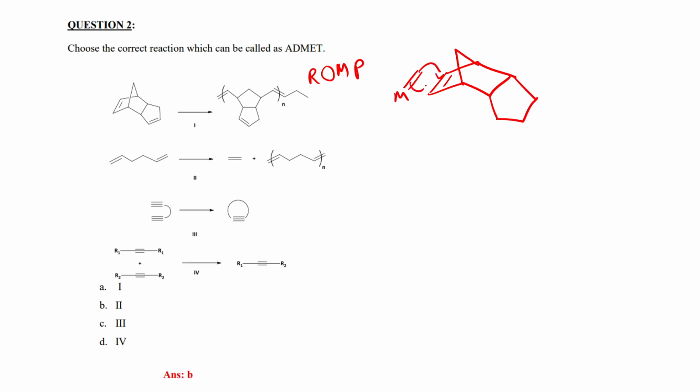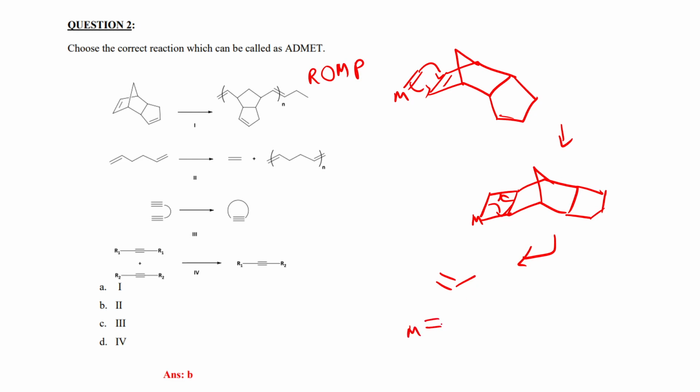At first, this would happen, so we would form this kind of intermediate. Now ring opening would happen. With the ring opening, you can see we have now generated this kind of thing.